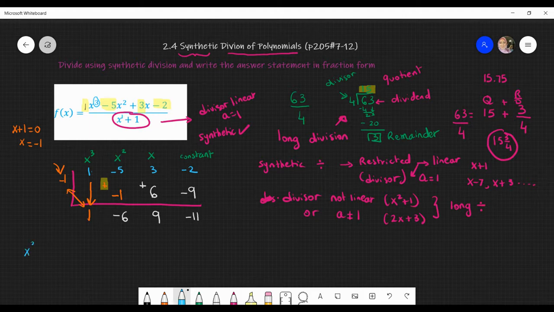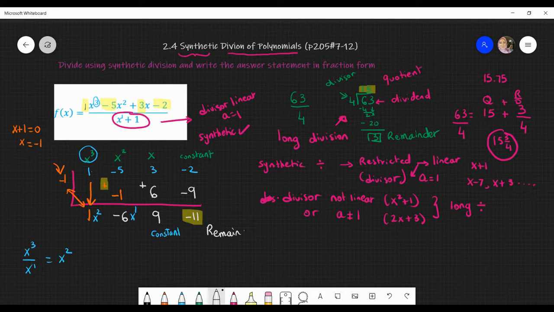When we divide, we subtract exponents, so we're going to end up with a quadratic, which means the cube has to be reduced by 1: x squared. Also take the exponent of x down by 1. This now has nothing next to it, so it is going to be the constant. And -11 will be what we call the remainder.